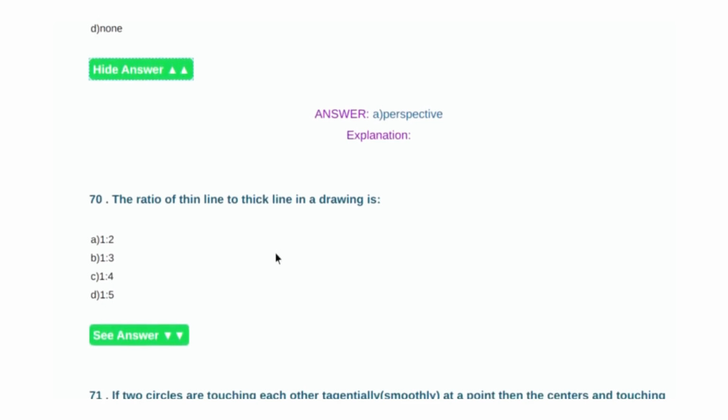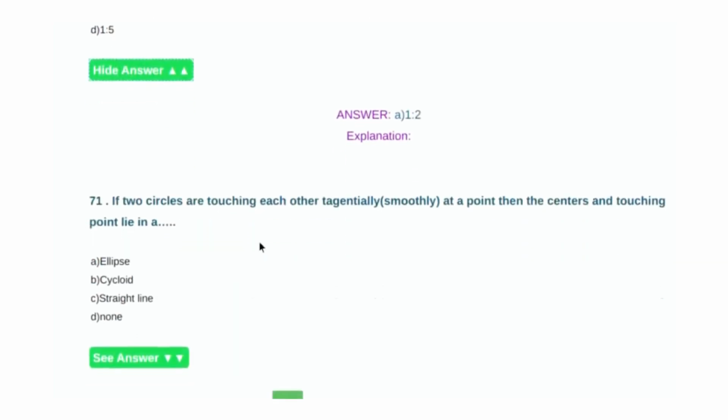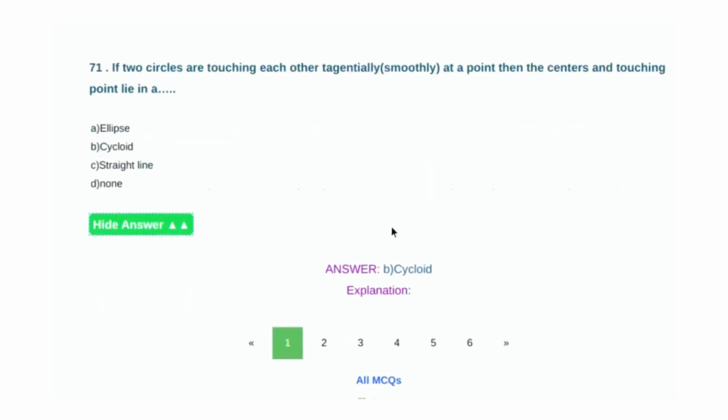The ratio of thin line to thick line in a drawing is 1:2. If two circles are touching each other tangentially at a point, then the centers and the touching point lie in a straight line.